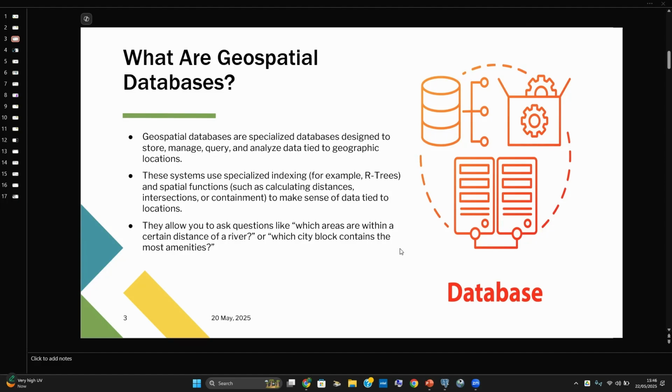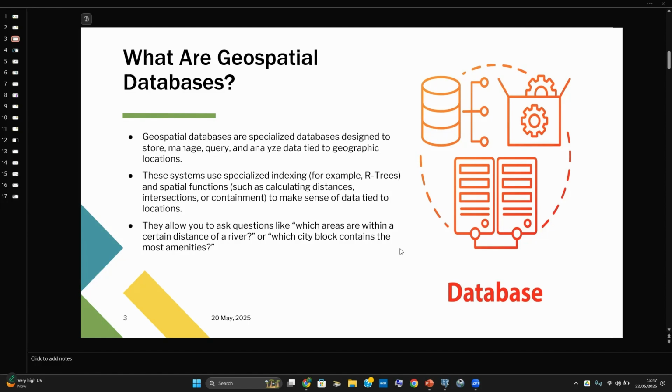And these systems use specialized indexing like R-trees and spatial functions such as calculating distance, intersections, and even containment to make sense of the data that is tied to that geographic location.